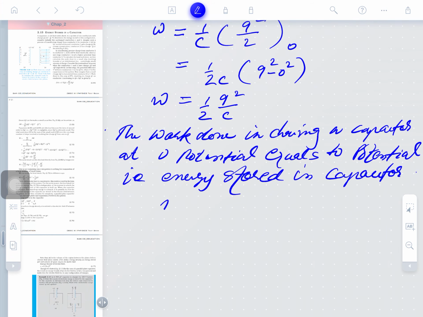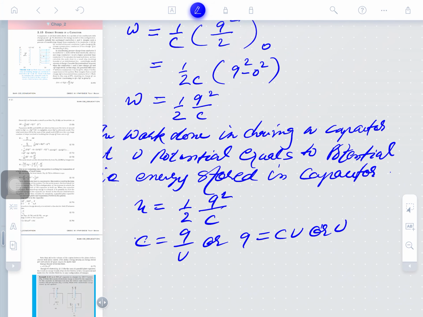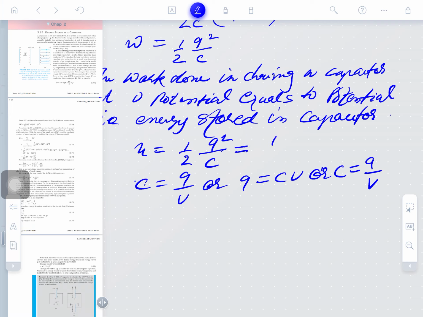So this is the energy stored in the capacitor, that is U is equal to 1 by 2 Q square by C, but C is equal to Q by V. So Q is equal to C V, and C is equal to Q by V, clear.